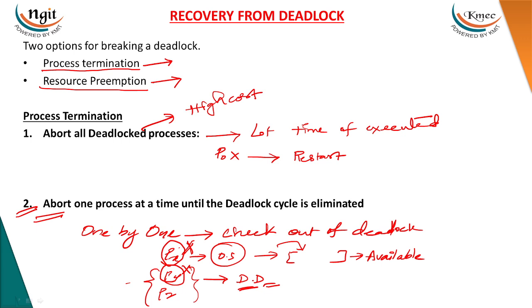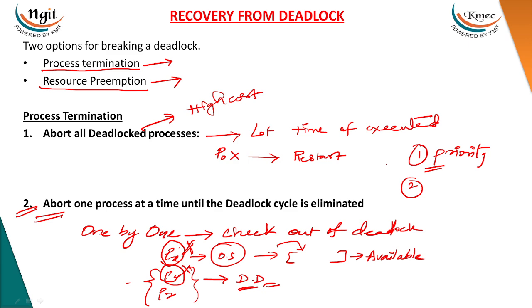But how do we find which process has to be removed? That depends upon a lot of factors. First, the priority of that particular process. Processes by default have some assigned priority value, and high priority processes are usually not used for preemption or termination.